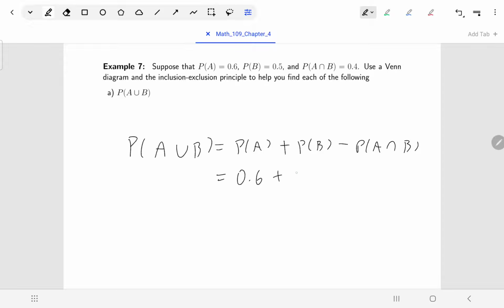A has a probability of 0.6, B has a probability of 0.5, and A intersect B has a probability of 0.4. So altogether, the chance that A or B or both will happen is 0.7.